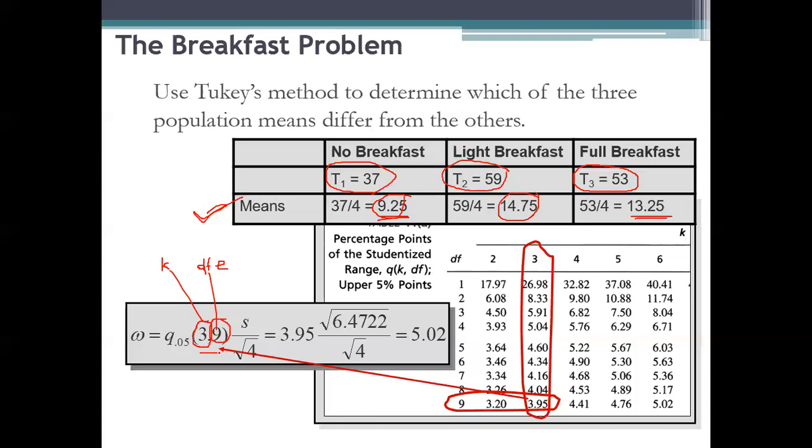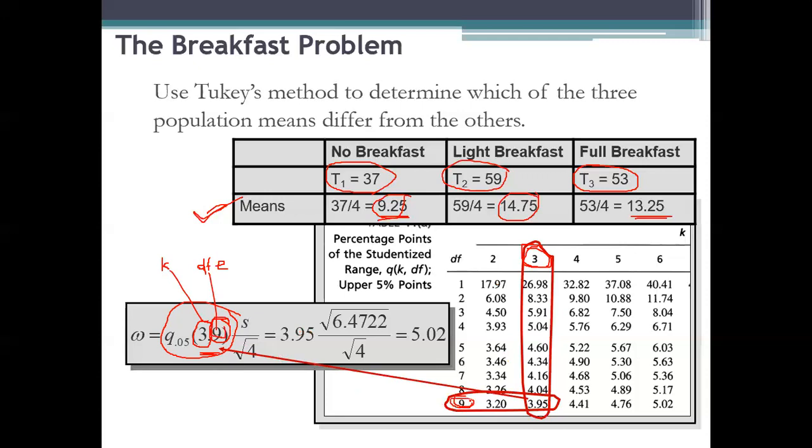Now, how do we get this value from the Tukey table? In the Tukey table, the first degree of freedom is 3, and then 9 should be around here.